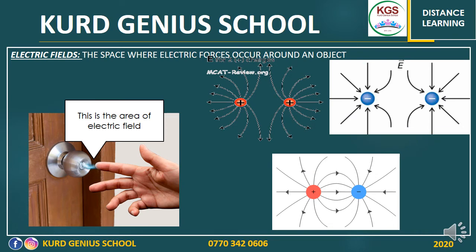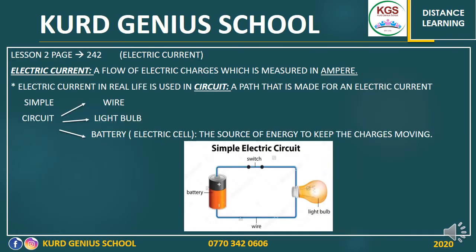The electric shock that happens to your hand is also an electric current. A flow of electric charge, those charges are moving. This movement we call electric current, and it's measured in ampere. What is this ampere?